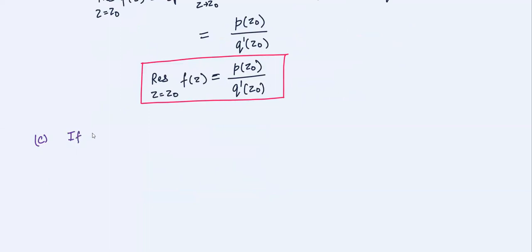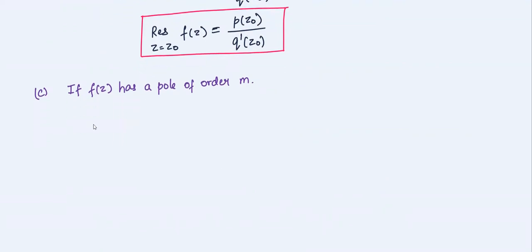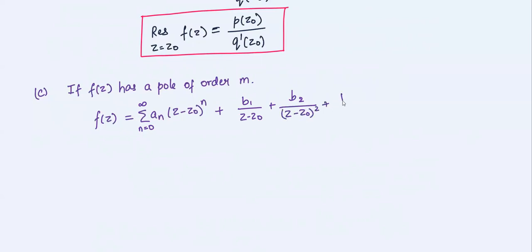Now, if f of z has a pole of order m, that means f of z will have the Taylor series part plus now the Laurent series part, b1 by z minus z naught plus b2 by z minus z naught whole square plus b3 by z minus z naught whole cube, plus bm by z minus z naught whole power m.